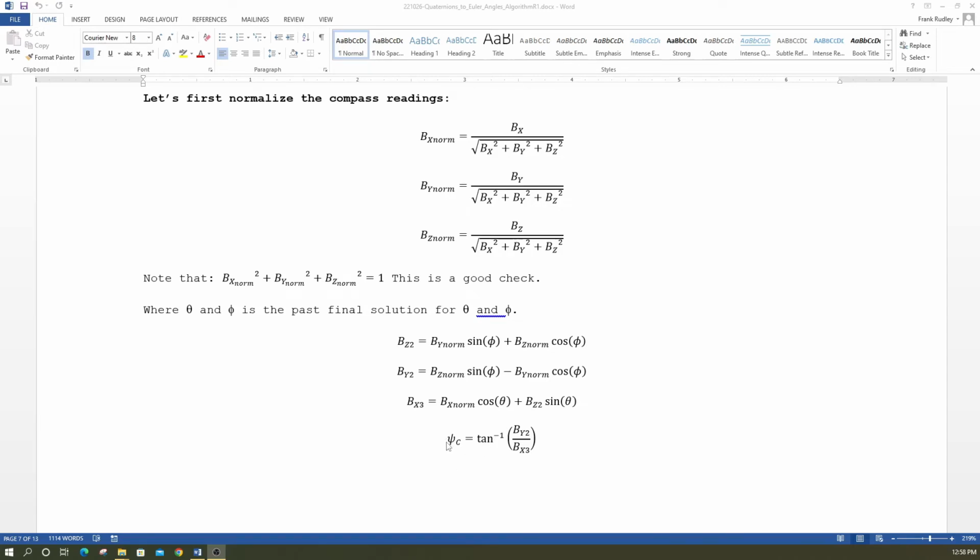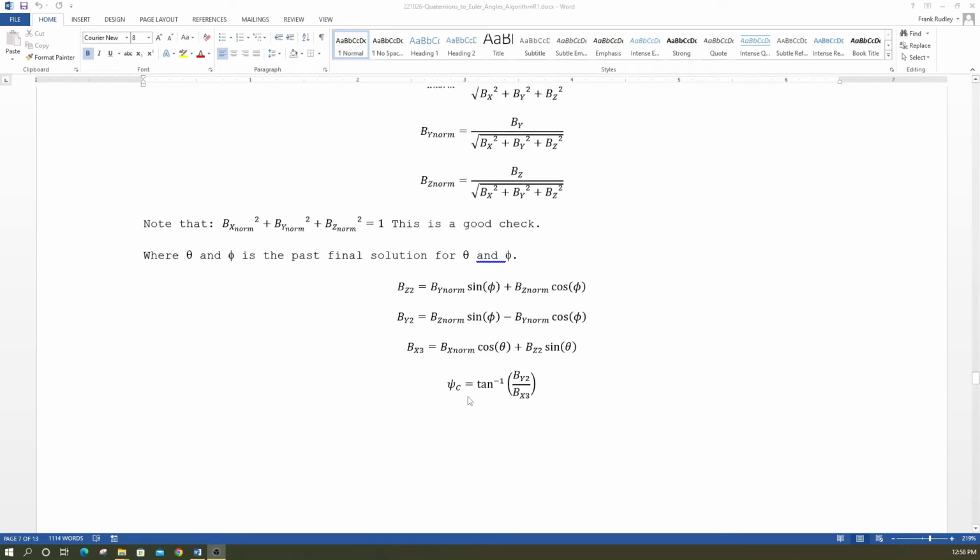So I made a psi of C, meaning it's the psi that comes from the compass data. It's the inverse tangent of By2 over Bx3. That'll give you your heading or your azimuth. I believe it would be considered a magnetic heading. So that's how that would be computed.